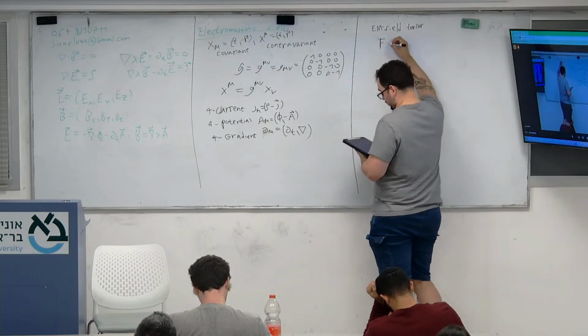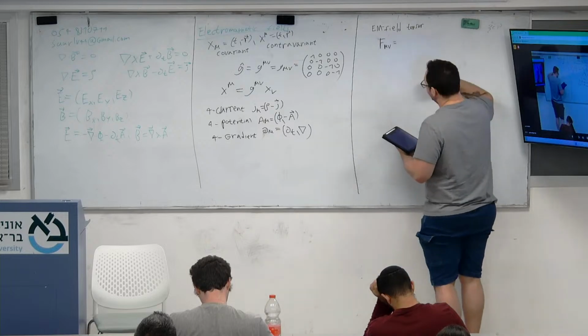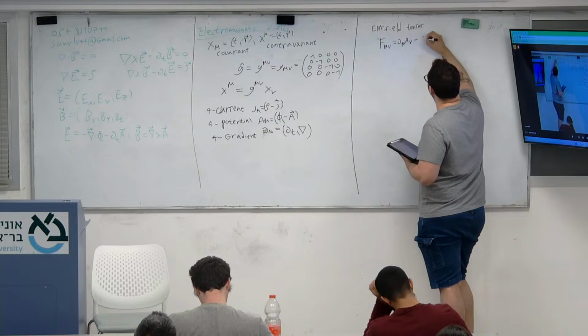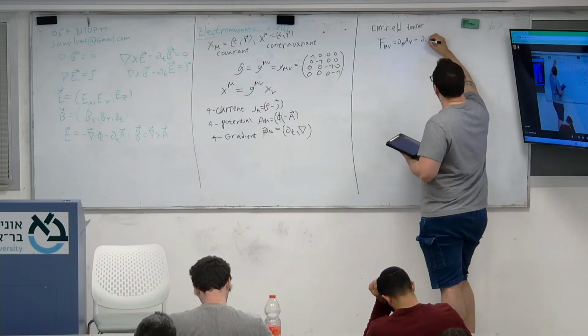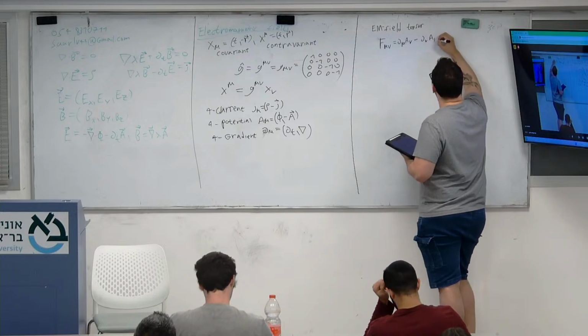F mu nu equals partial mu A nu minus partial nu A mu.